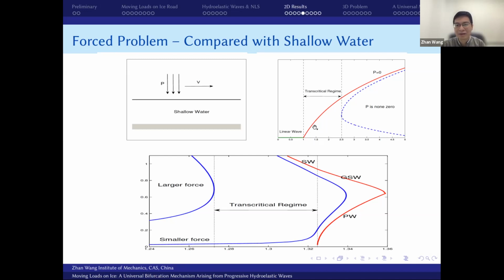Because the transcritical regime is very close to the critical speed, where the group velocity is equal to the phase velocity, if you apply forcing with a speed in this transcritical regime, you have no linear mechanism to radiate energy.